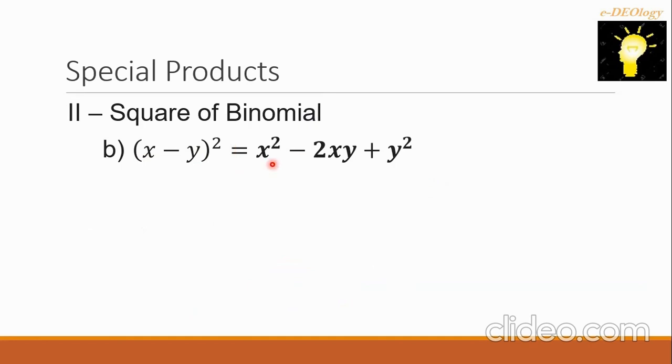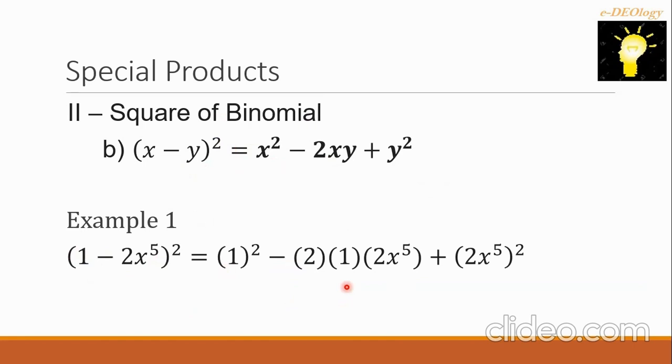So we can now use this formula to solve some products of this pattern. Let's have example 1: 1 minus 2x raised to 5, all raised to 2. So we have the three terms here. The first term is the square of the number 1. In the middle, I put the constant 2.